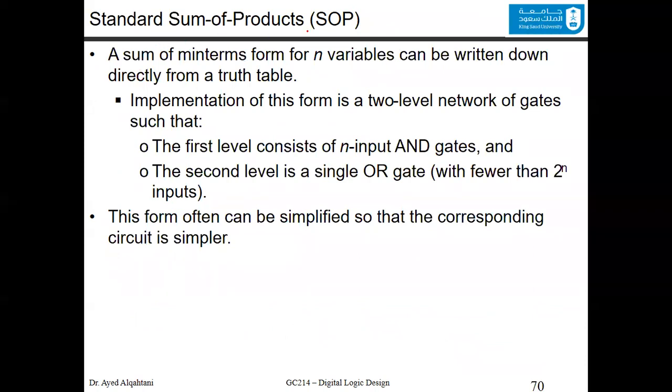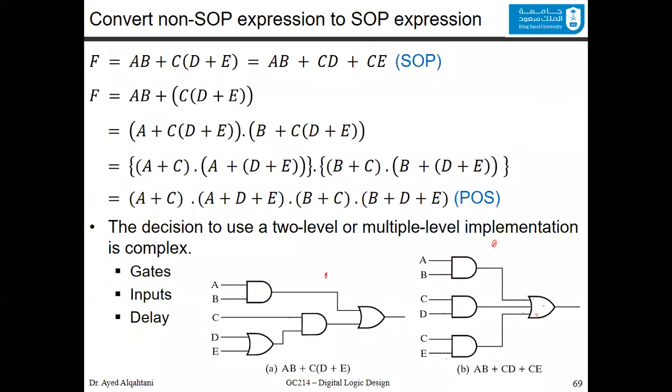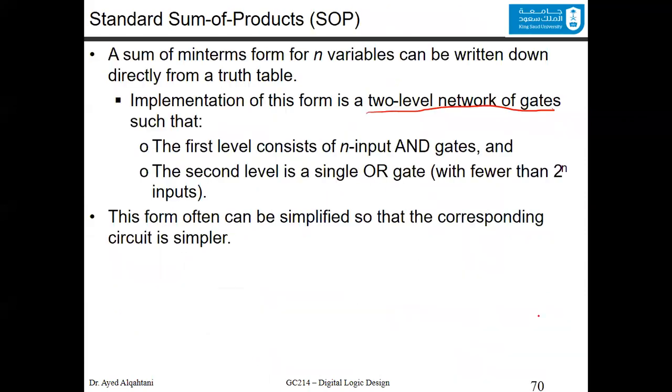The standard sum of products, the SOP, is actually a sum of terms. This is the formal definition of it: the sum of terms form for n variables that can be written down directly from a truth table. The implementation of this form is a two-level network of gates. If you have a sum of products like this one here, you will design it this way, and it will definitely be two-level. The first level is ANDs, and the last level is an OR.